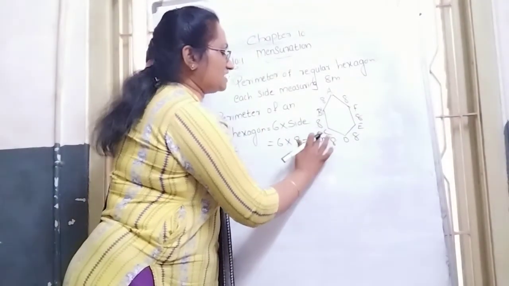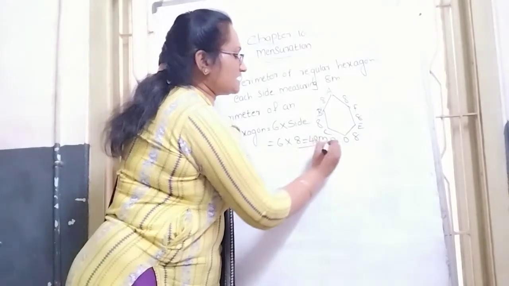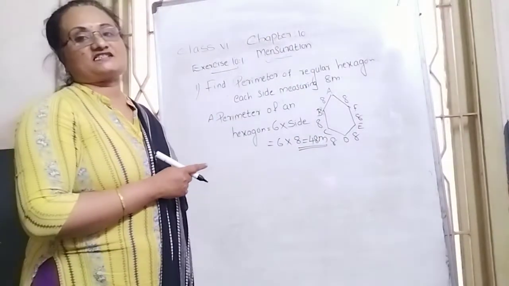The unit is given as meter, so our unit is also meter. 48 meter is the perimeter of the hexagon.